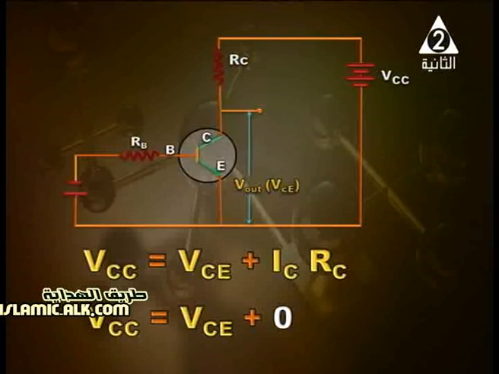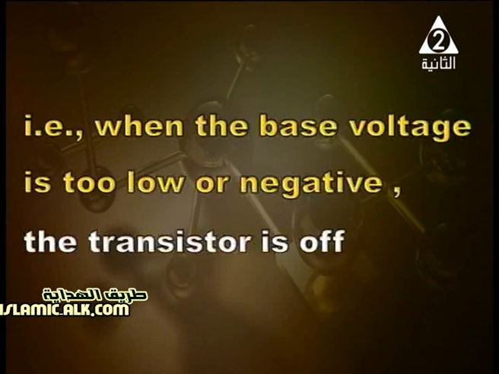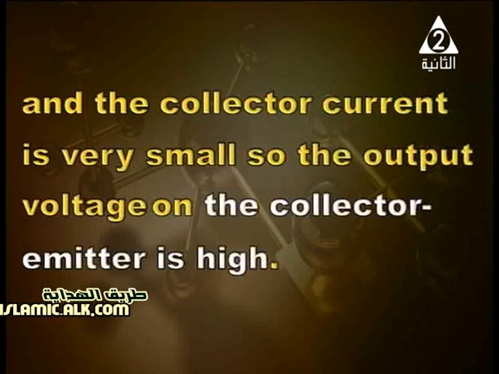IC equals 0, so the product will be 0, and it turns out that VCC equals VCE. That is to say, when the base voltage is too low or negative, the transistor is off, and the collector current is very small, so the output voltage on the collector-emitter is high.